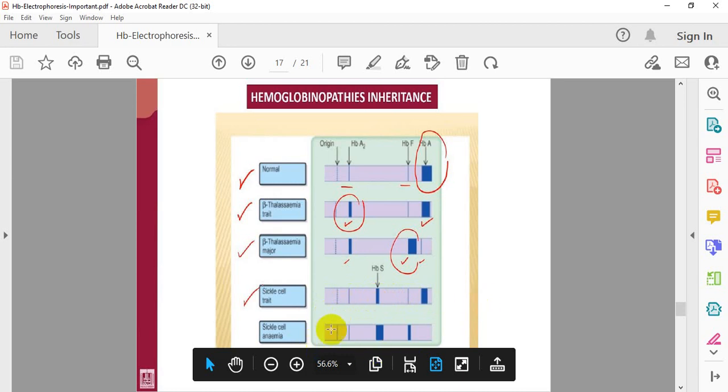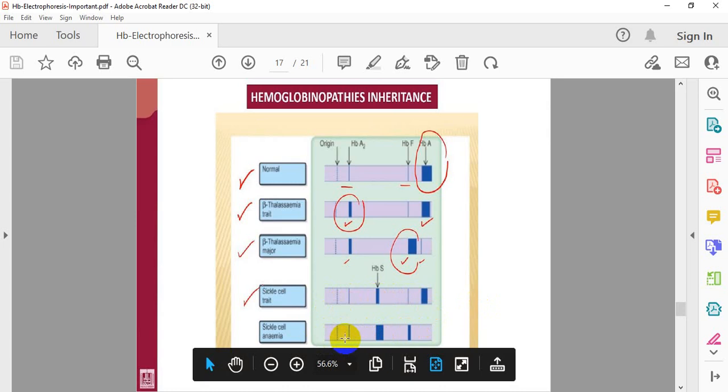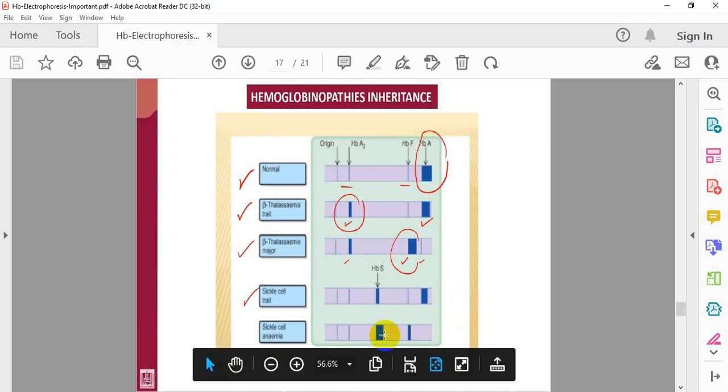For sickle cell anemia itself, hemoglobin S is more than hemoglobin F. There is fetal hemoglobin there, there's hemoglobin A2, but they don't have hemoglobin A, which is the normal hemoglobin. So these people are prone to hemolytic crisis. Often they need blood, often they are fainting, and they don't even live up to their normal lifespan.